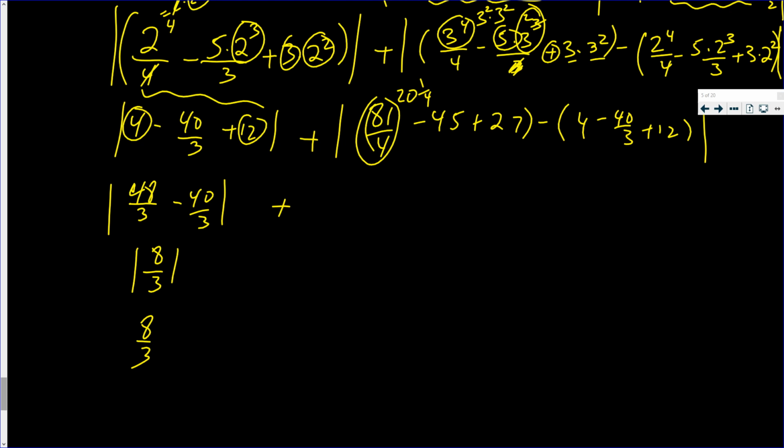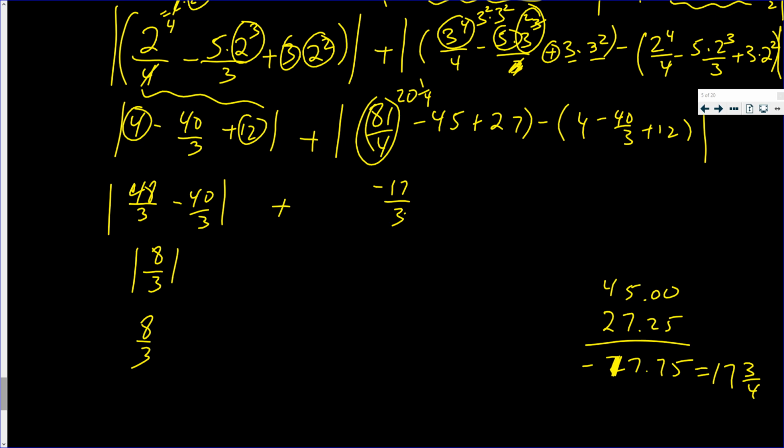That's 47 and a quarter. You take away 45, you get 17.75. Yeah. That is, you get 17 3/4. This is going to be minus 17 3/4.